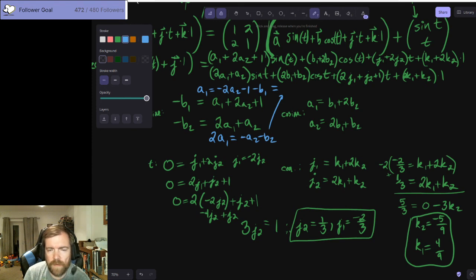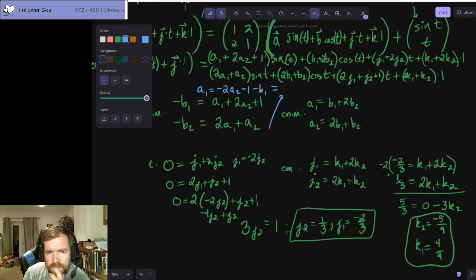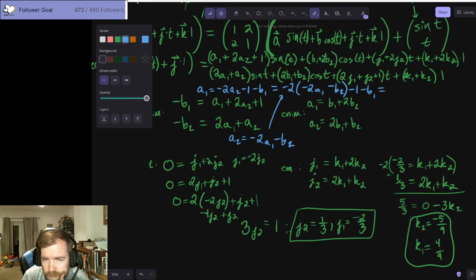No. We wanted that initially. Okay, we wanted A2. Negative 2A1 minus B2, which means that A2 is going to get replaced as negative 2 times the quantity, negative 2A1 minus B2, minus 1 minus B1 is equal to.